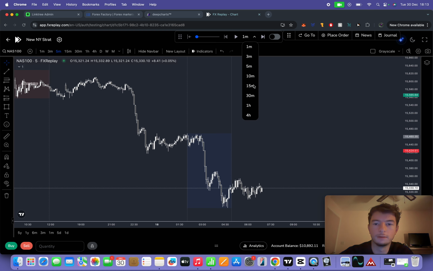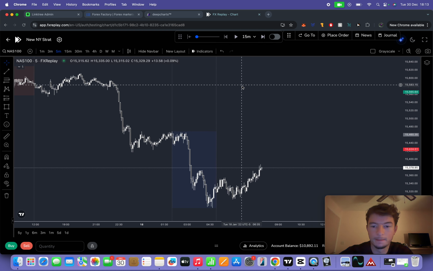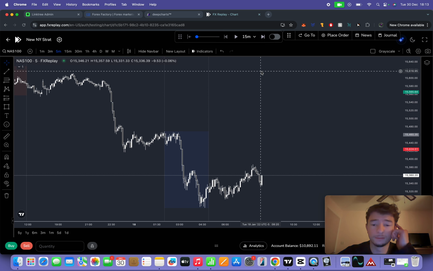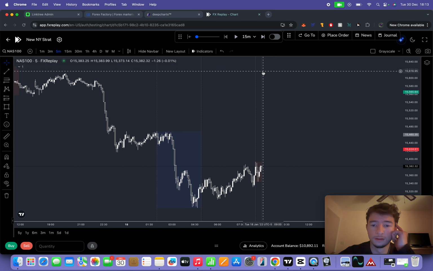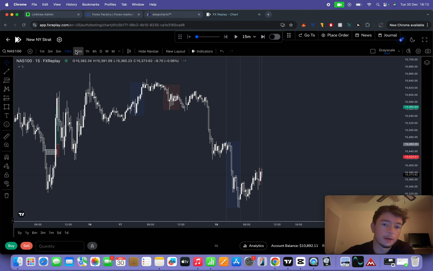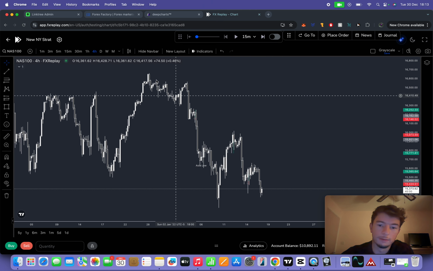A bit more careful with it this time. Try not to pass that 9:30 candle right away. 9:15. Okay, so our time frame looks a bit bearish here.